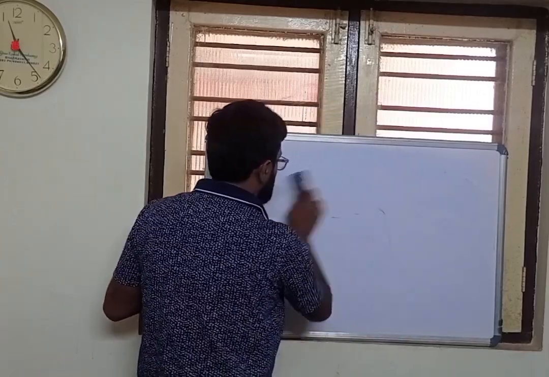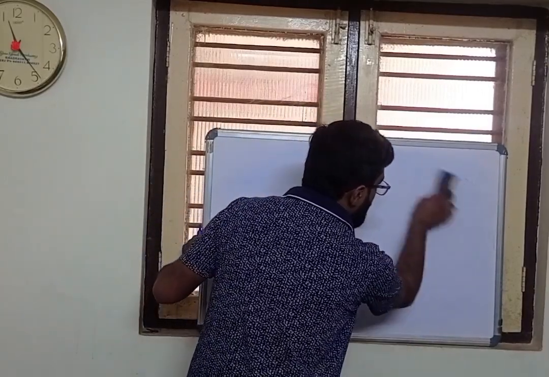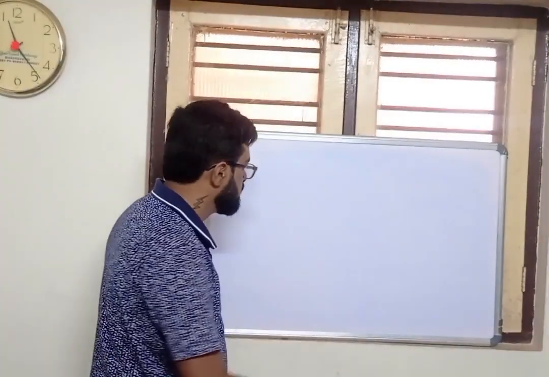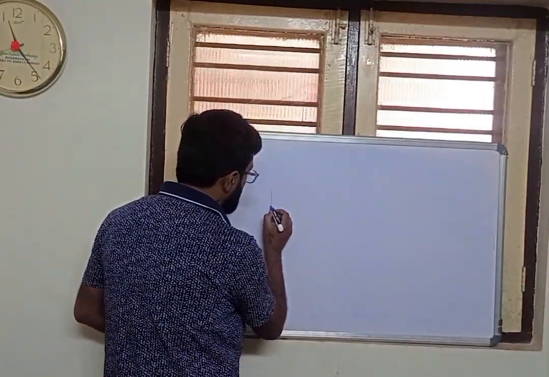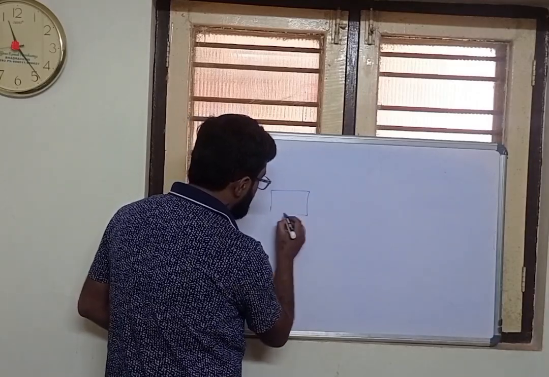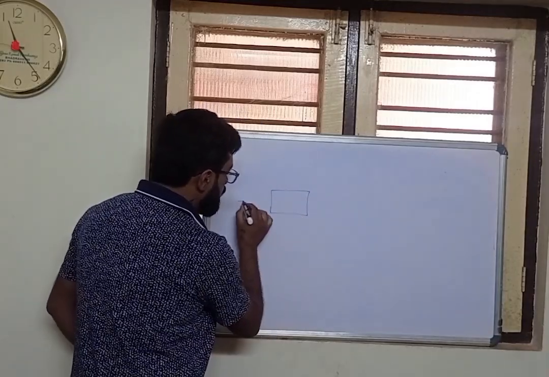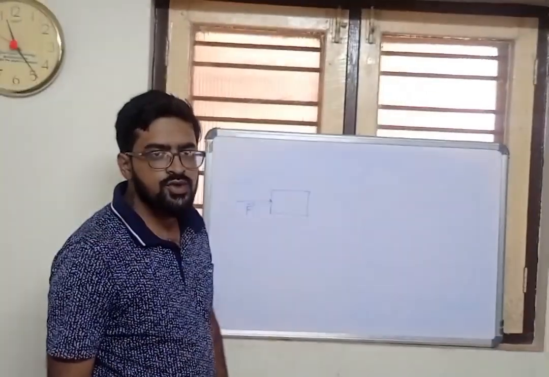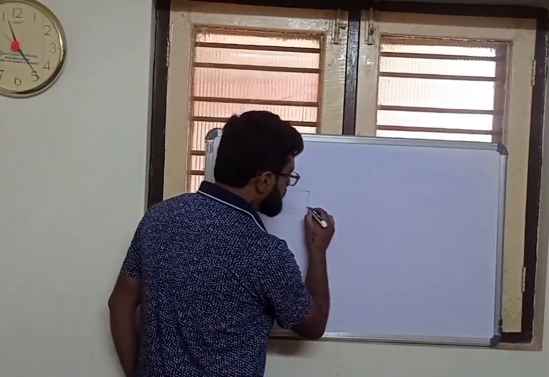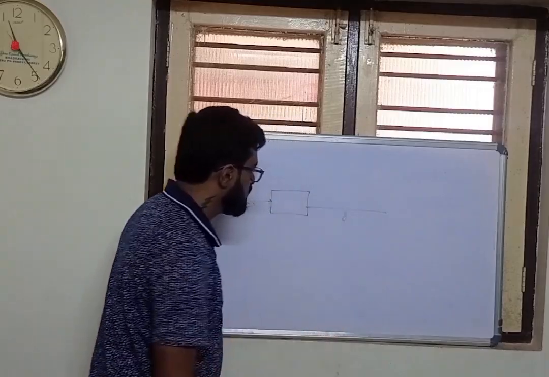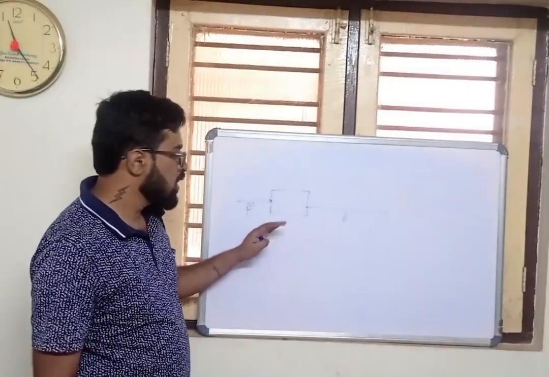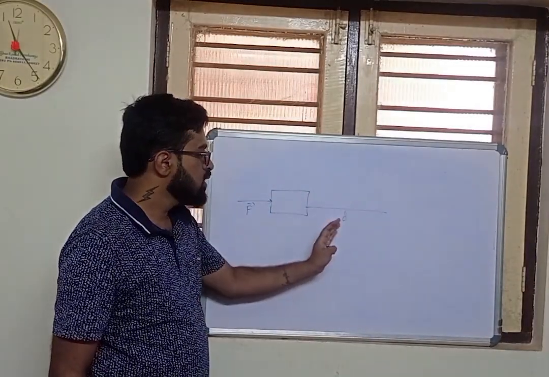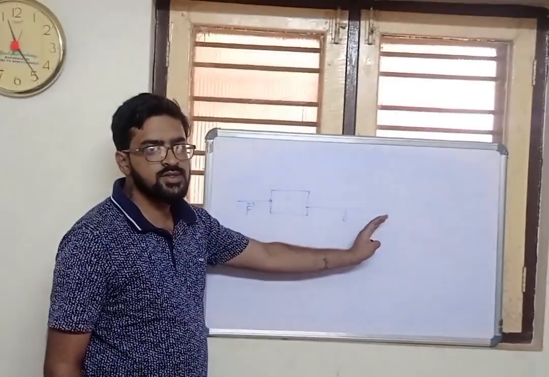So now I consider an object. I apply a force. It displaces through a distance d. When I apply force, of course the object is going to move. It will displace through a distance d.